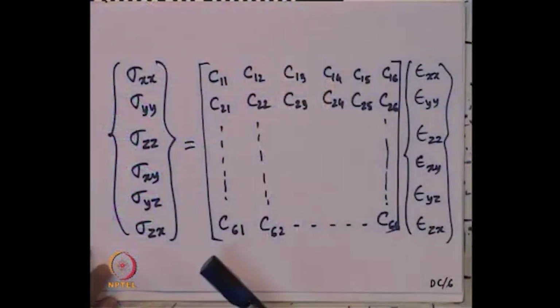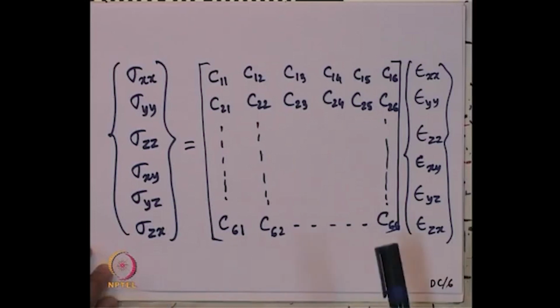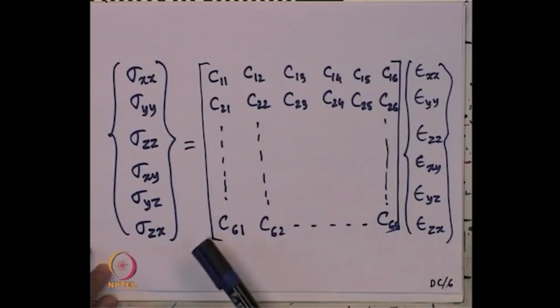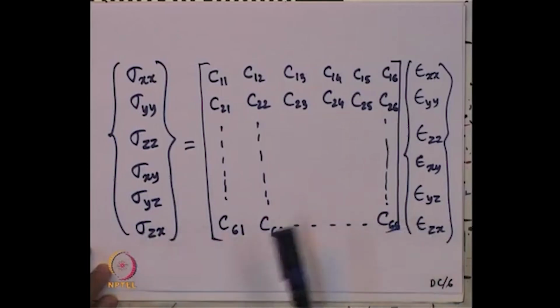Now, we also have seen how we can express the stresses with respect to the corresponding strain through the modulus. As we know, stress and strain are related through modulus.